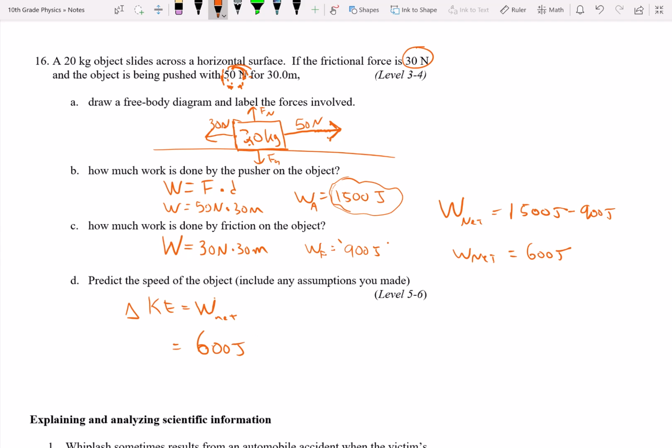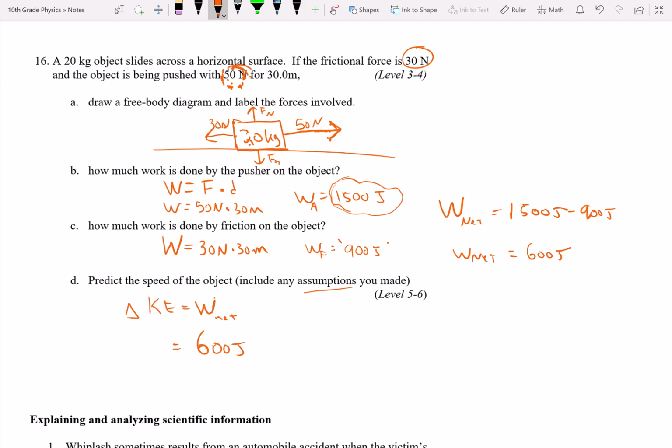The change in kinetic energy is... here's where we have to make an assumption, right? Let's assume that it started at 0, or you could say, let's assume it starts at 5, whatever, but it's easier to say it starts at 0 meters per second. Let's say the block was at rest when we started.